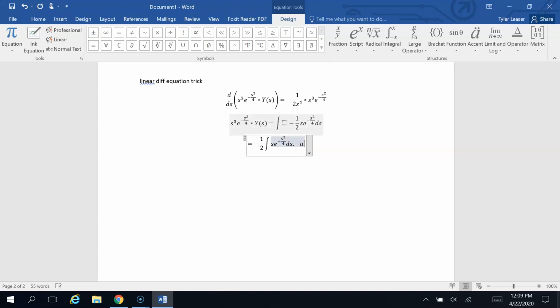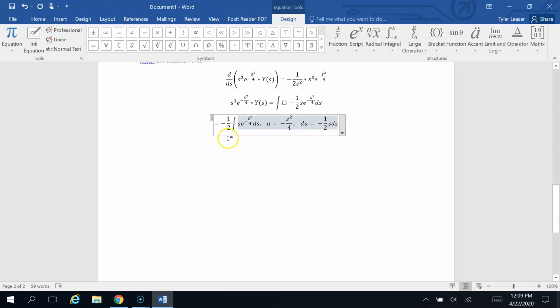And we're going to let u be that numerator there, the negative s squared over 4. So then du, the derivative of this, is going to be negative 1/2 s ds. That's kind of nice because that means that this negative 1/2 s is going to just substitute out.